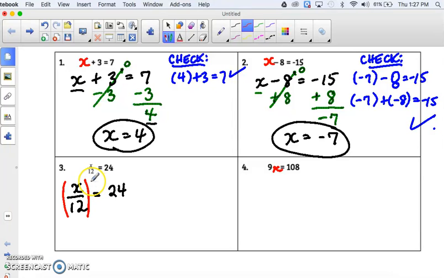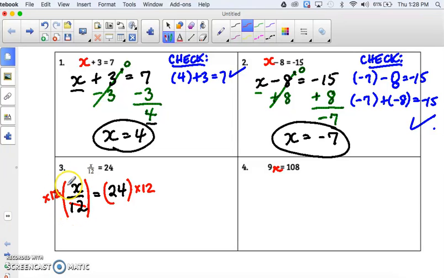So I'm just going to write down beside it, over here, times 12. Now, whatever you do to one side, you have to do to the other side. So I'm going to write down times 12 here. Now, here's what happens. When you multiply x over 12 times 12, these actually cancel out.